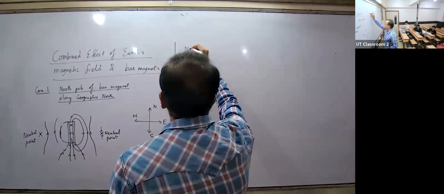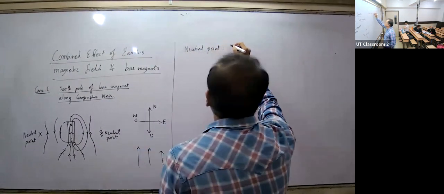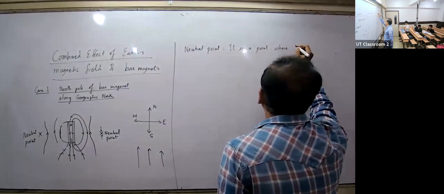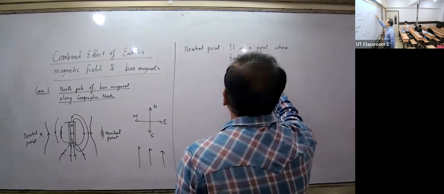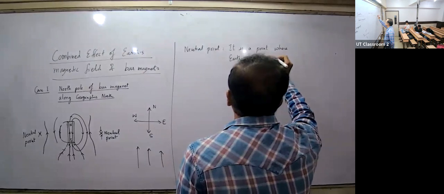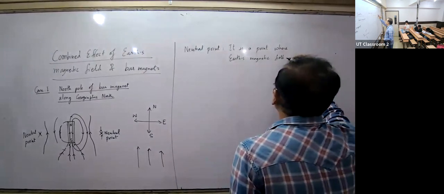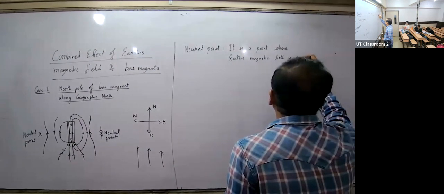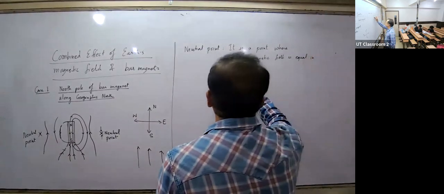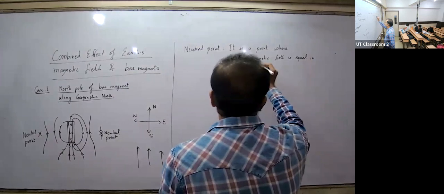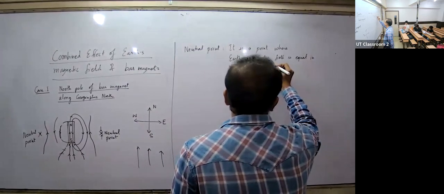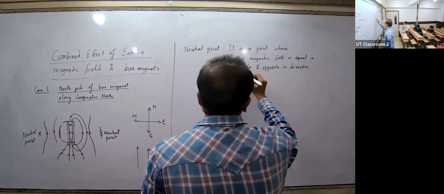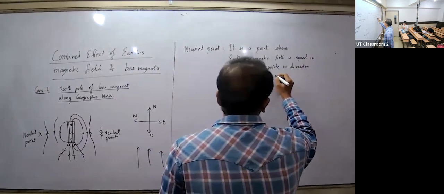So first write down what a neutral point is. It is a point where Earth's magnetic field is equal in magnitude and opposite in direction to the magnet's magnetic field.